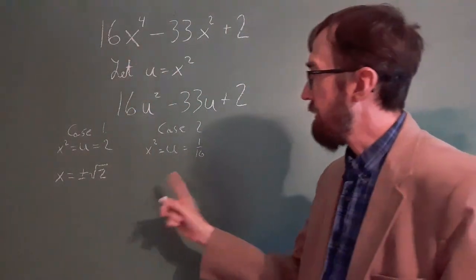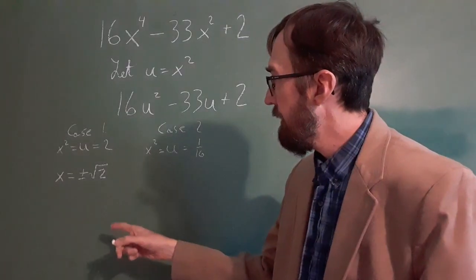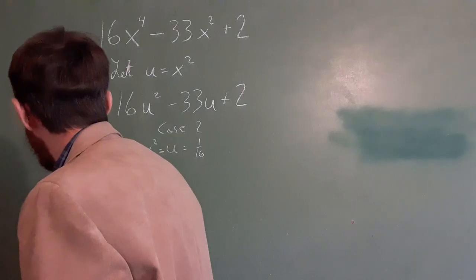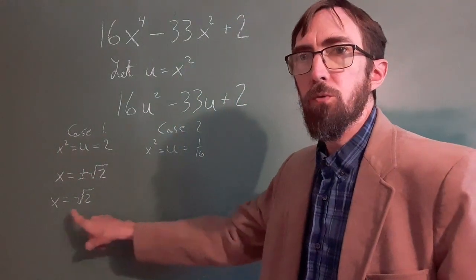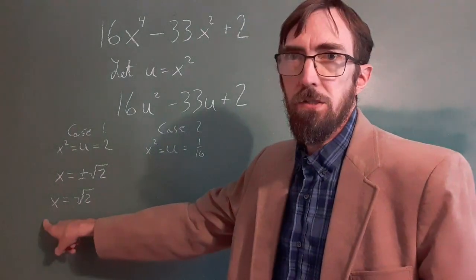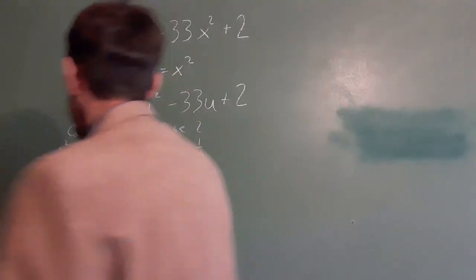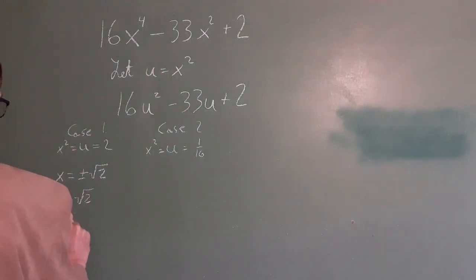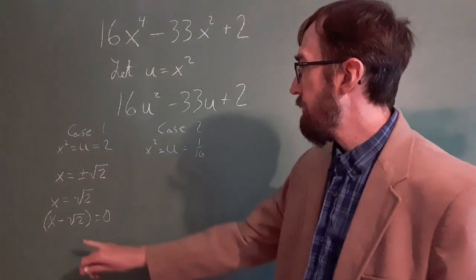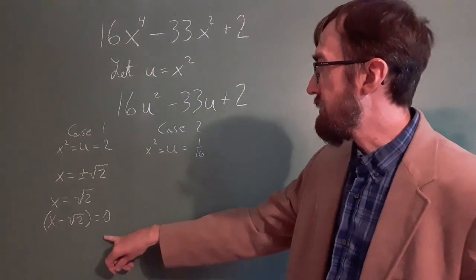If I want to make this into a binomial, looking at just the positive version, I'm going to move the square root to the other side by subtracting it. So here's my binomial, and it's equal to 0.